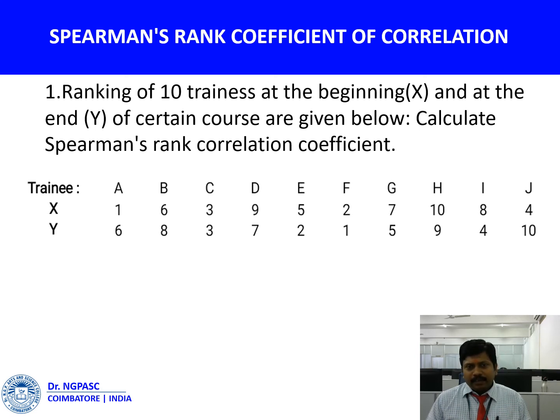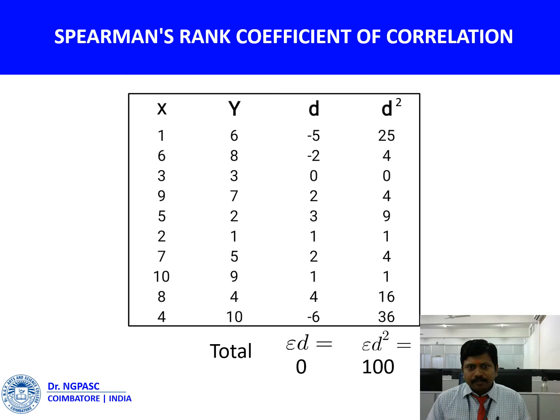We have to calculate the Spearman's rank correlation coefficient. A to J are given. First we have to write the X and Y. For X and Y we have to calculate the third column, which is D. D is nothing but rank X minus rank Y.